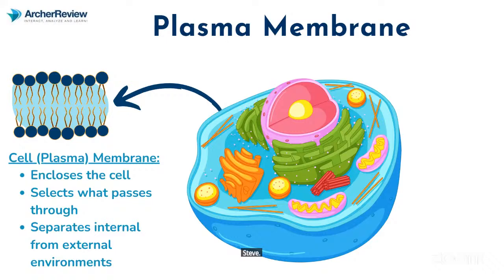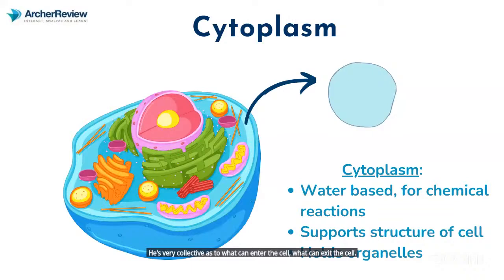It's very selective as to what can enter the cell, what can exit the cell, and all of that exists within a cytoplasm in our cells. This is kind of a jelly-based, water-based liquid that's in our cells, and chemical reactions can occur there. They support the structure of the cell, and it helps hold the organelles in place.